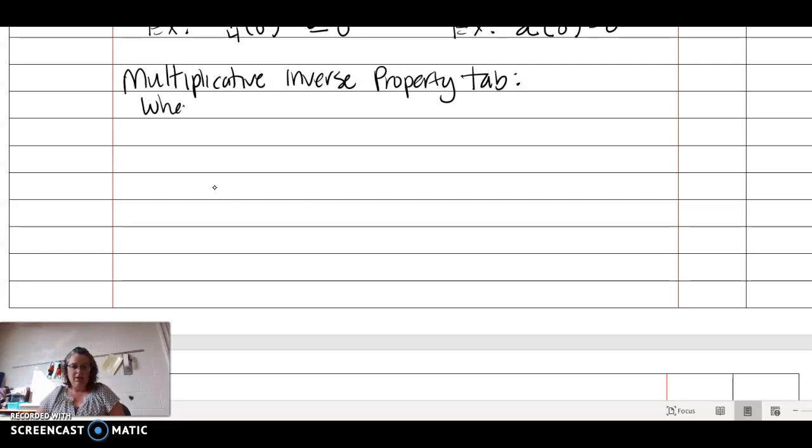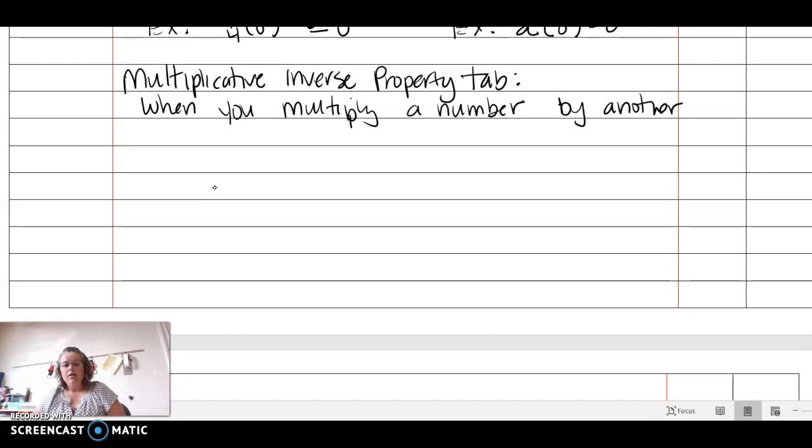So if I give us the number 4, which is really 4 over 1, I would want to multiply this by its inverse to get 1.